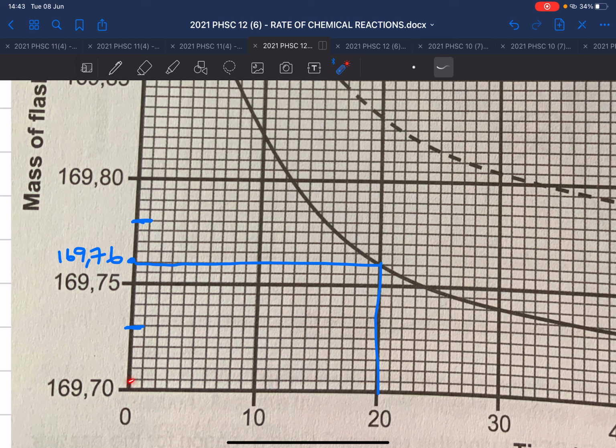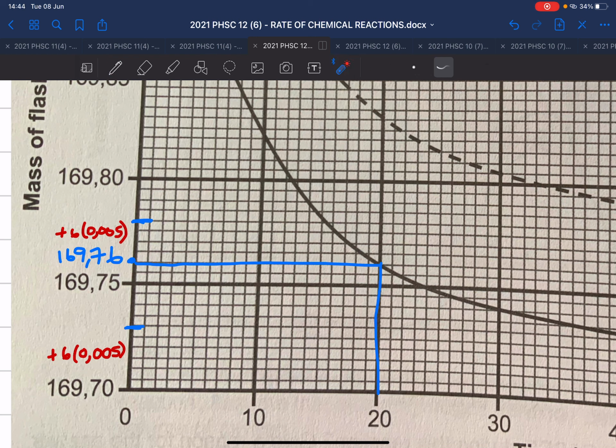We go up 1, 2, 3, 4, 5, 6. So that is plus 6 times 0.005. And from here we went up 1, 2, 3, 4, 5, 6, also 6. So that is also plus 6 times 0.005.